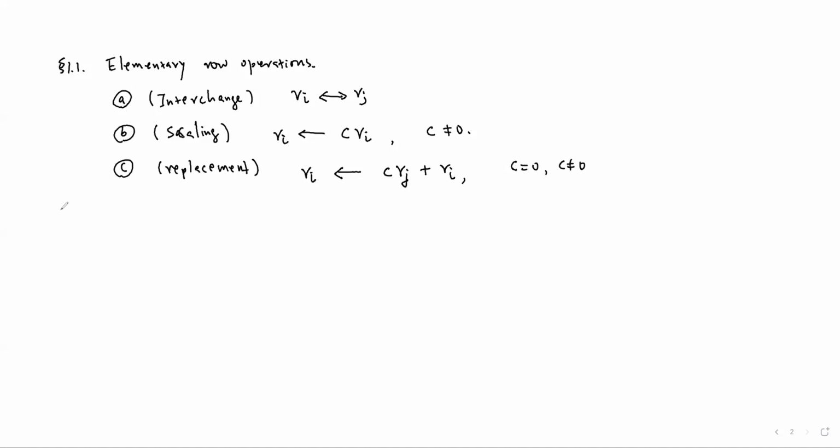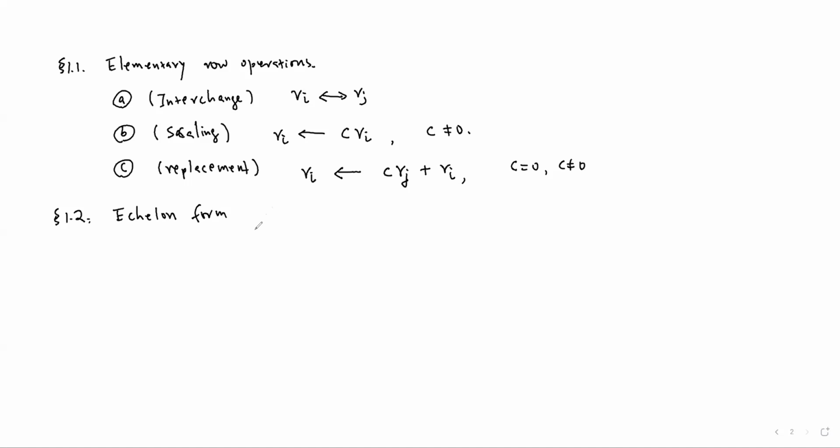Now, section 2. It is about echelon form. When we solve a linear system, we reduce the linear system to echelon form.